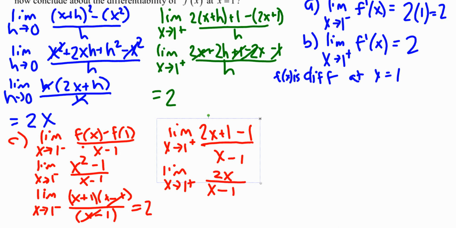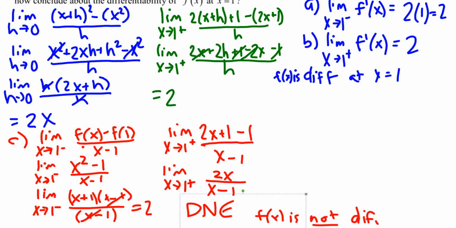If you evaluate that at 1, you're going to get does not exist, because you can't have a 0 in the denominator. Therefore, it appears that f of x is not differentiable at x equals 1. So what's going on here?